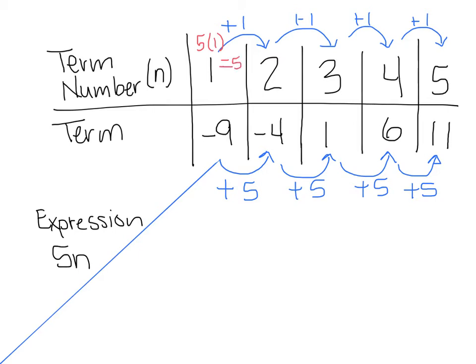So my expression is off from that one. 5 times n, the term number, implies that it should be 10. That is off. 5 times the term number, that's 15. Forgot to put my equal sign here.